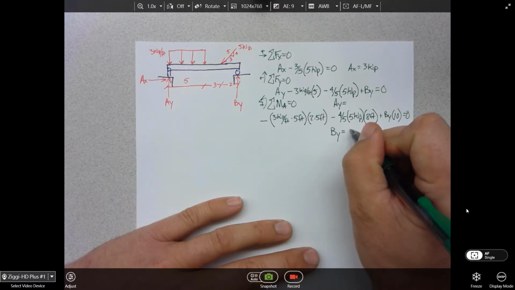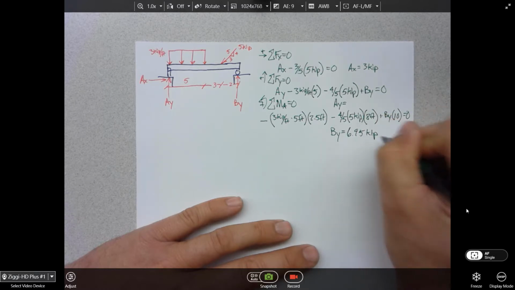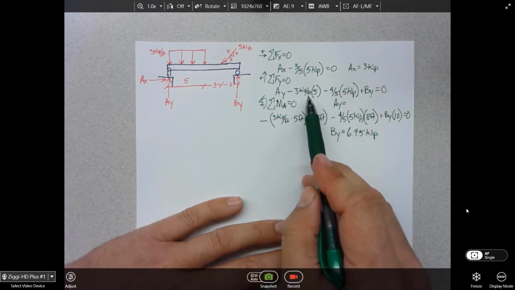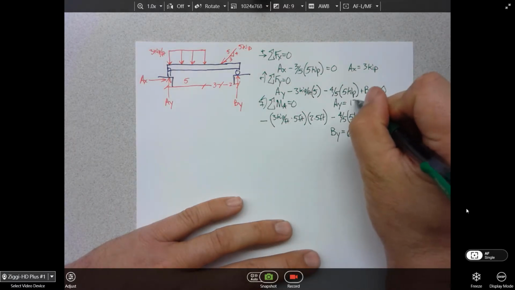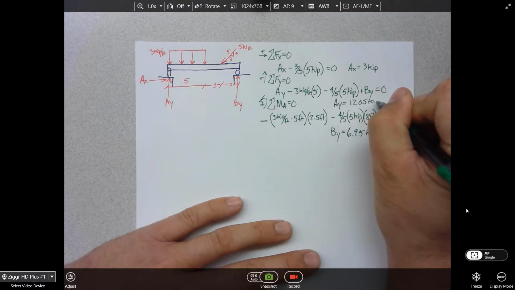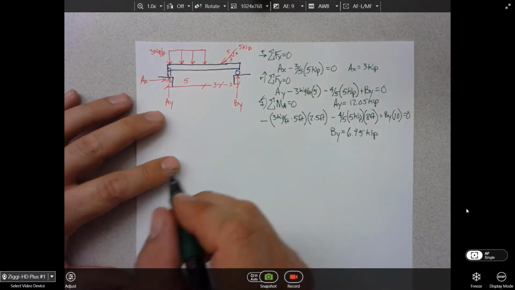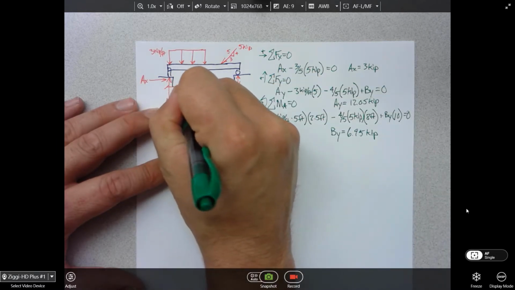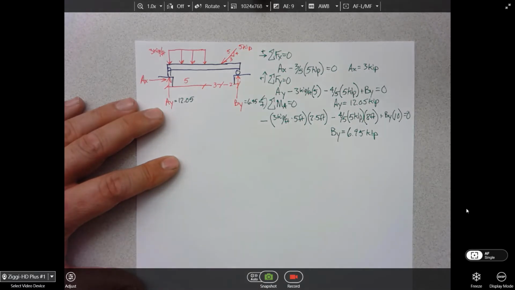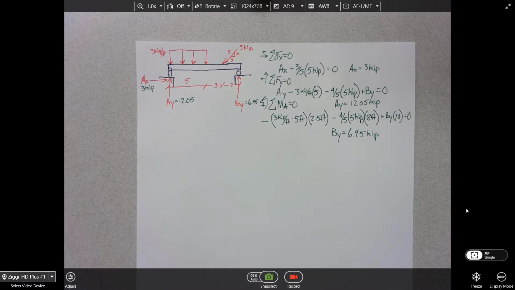So I think By would be 6.95 kip, and Ay would be 15 and 4 is 19, so 19 minus 6.95, 12.05 kip. And Ax we found to be 3 kip.